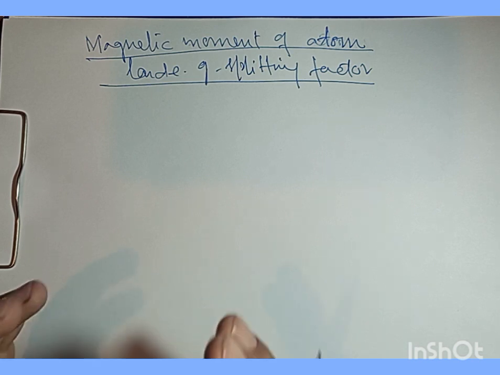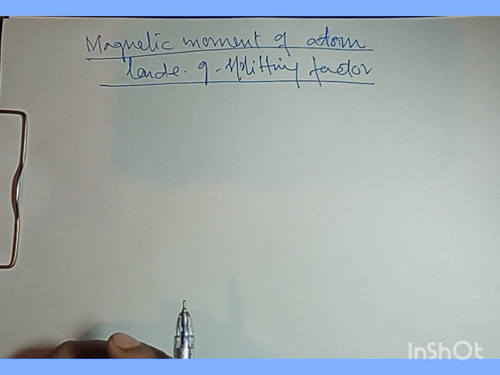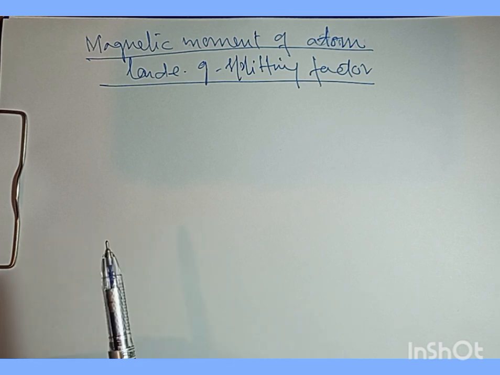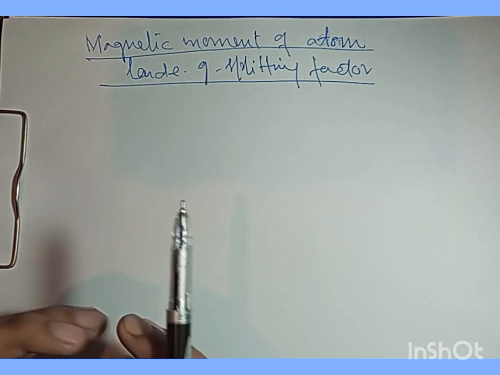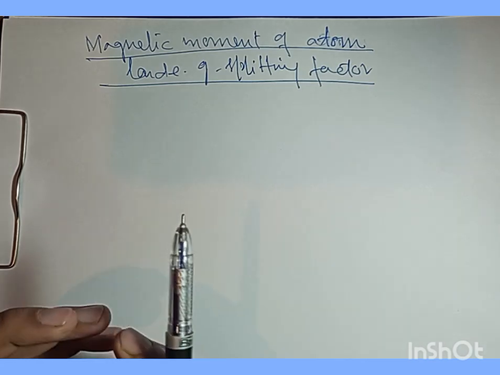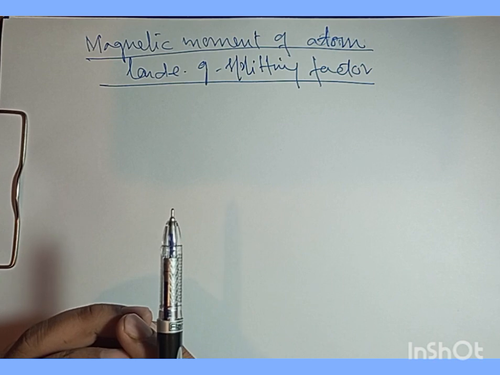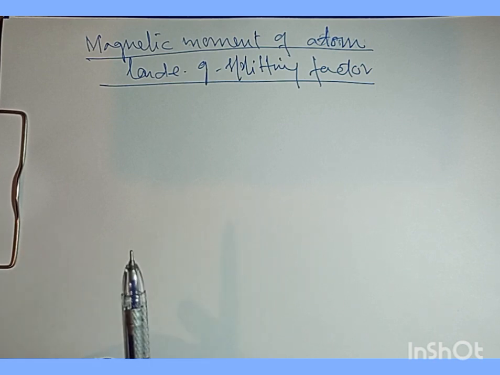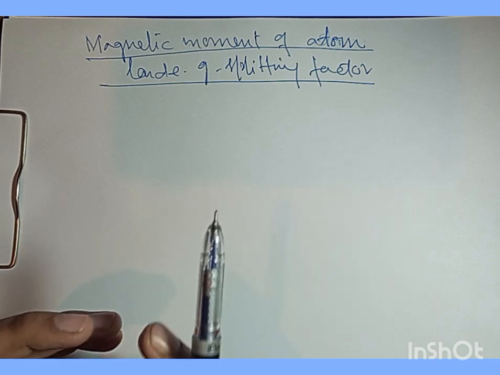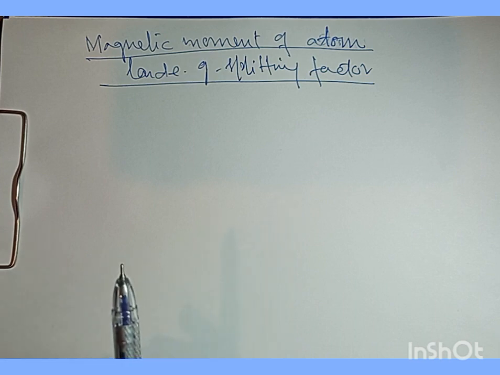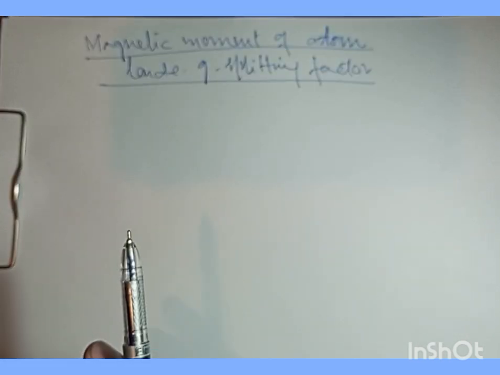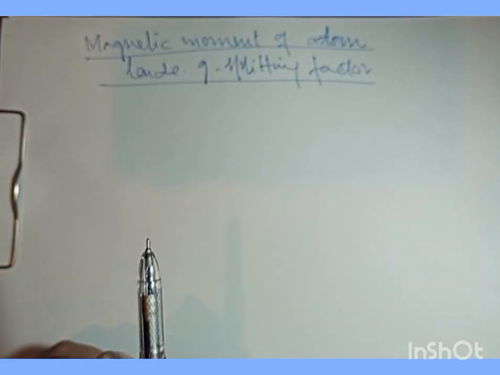The target of this video is basically to obtain an expression for the Landé splitting factor, and this factor is very important in understanding the splitting of lines when an external magnetic field is applied, what's generally called the Zeeman effect.